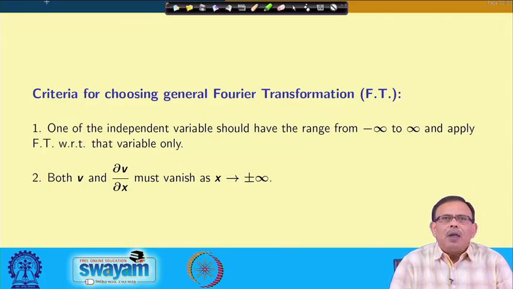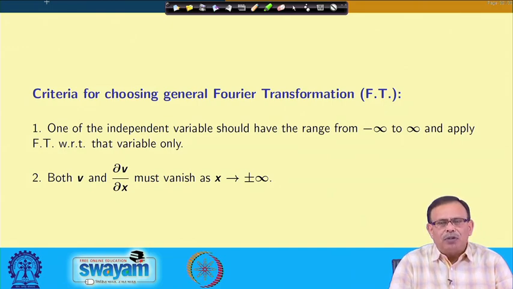Number one, in a second order PDE I have two independent variables; out of them, at least one must vary from minus infinity to plus infinity. Then only I can apply the Fourier transform with respect to that variable.